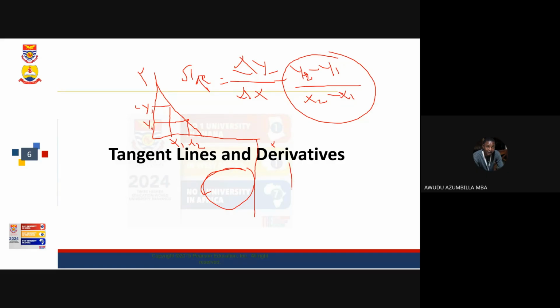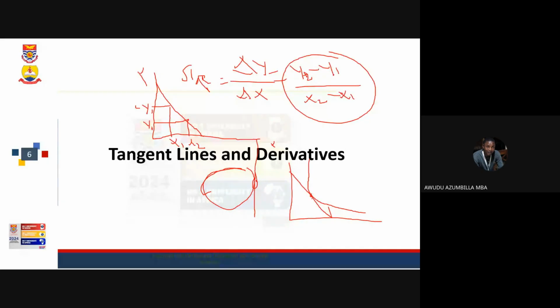Another example is the budget line and the indifference curves. This line is tangent to the budget line. So at this point, it tells you that the budget line and the indifference curve are parallel, they are equal. And at this point, the circle and the straight line are also parallel or equal.